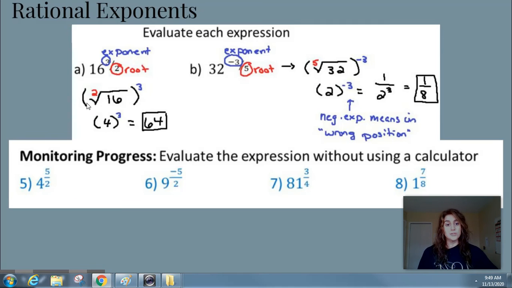So for instance, the square root of 16 is 4. I can simplify that and then do 4 to the third power. Makes it much easier than trying to do 16 to the third power and then root that. Same thing over here. I could find the fifth root of 32, which is 2, and then 2 to the -3rd power gets me 1/8.